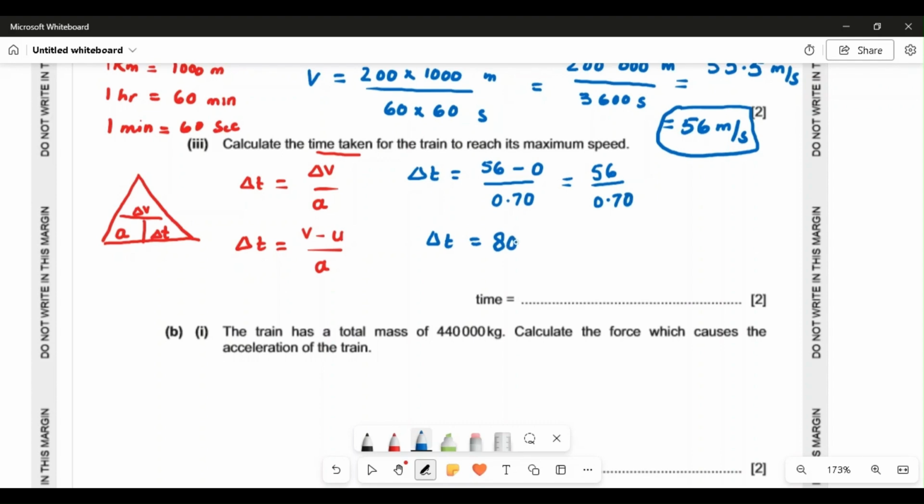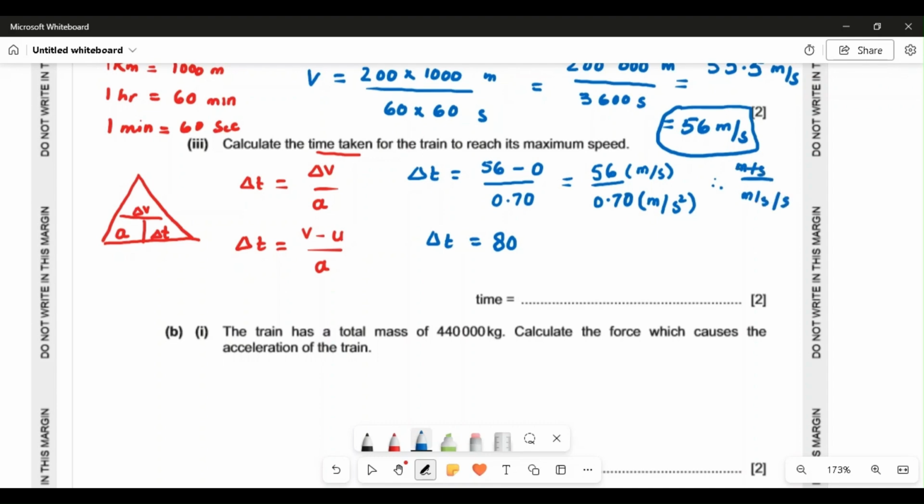Here we have to be sure what the unit is. In the top it was meter per second, and in the denominator it was meter per second square. So that gives me meter per second over meter per second square.